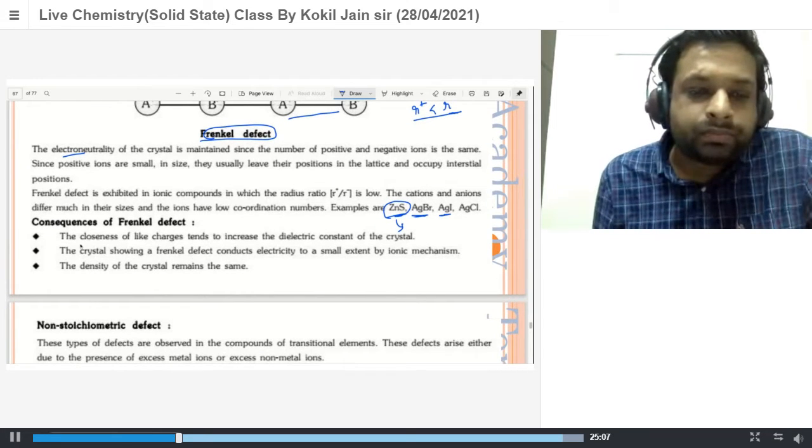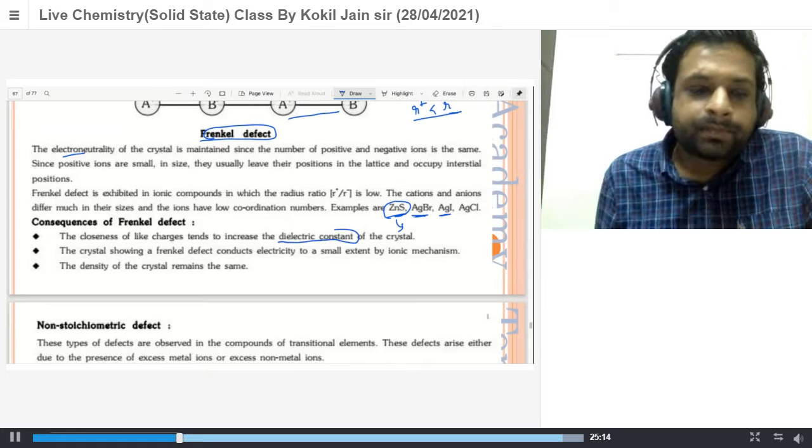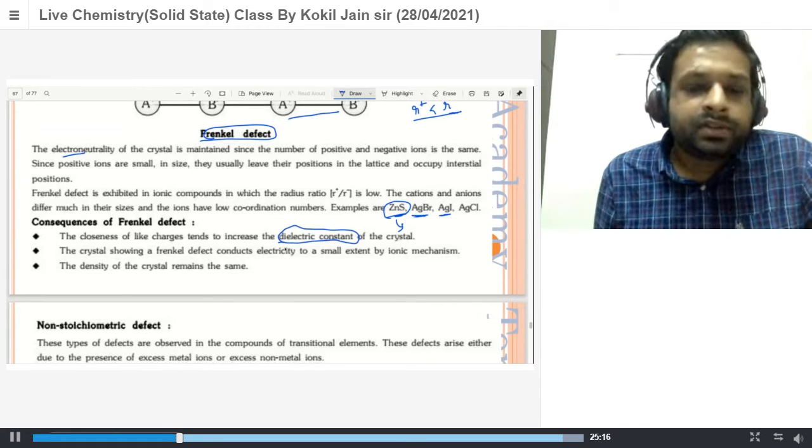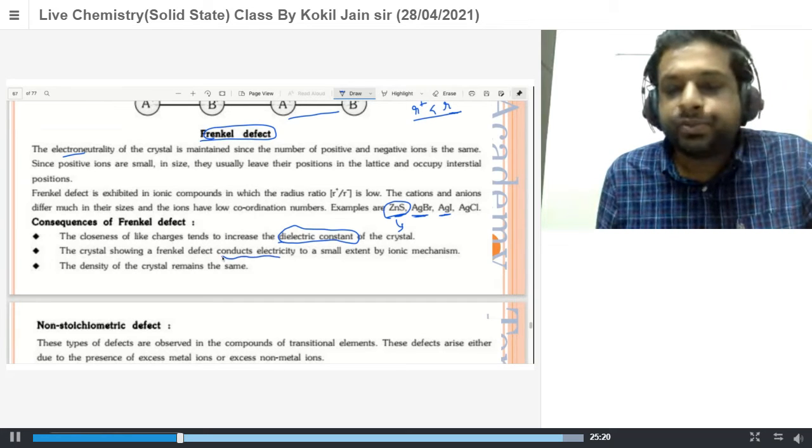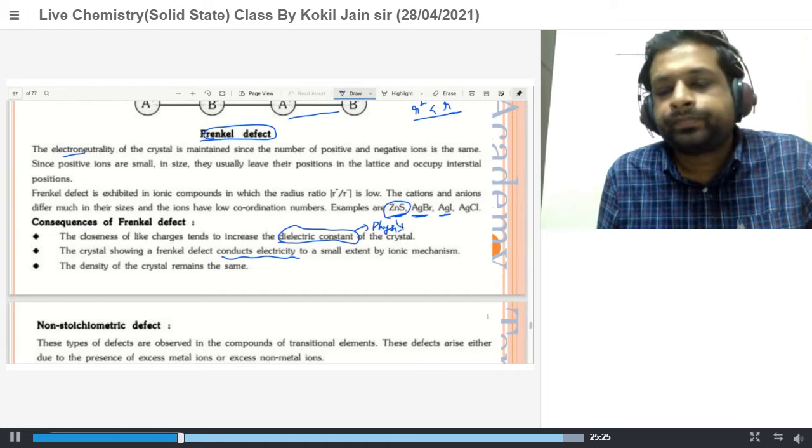So what happens is this increases the dielectric constant of the crystal. Second, it starts to conduct electricity. You may have studied the dielectric constant in physics.